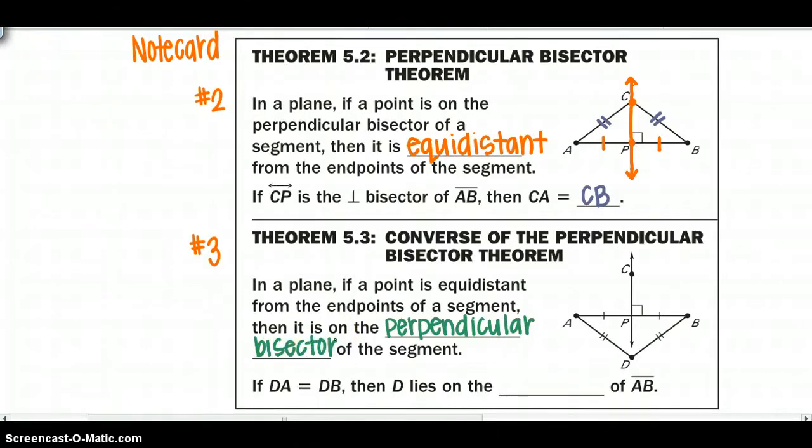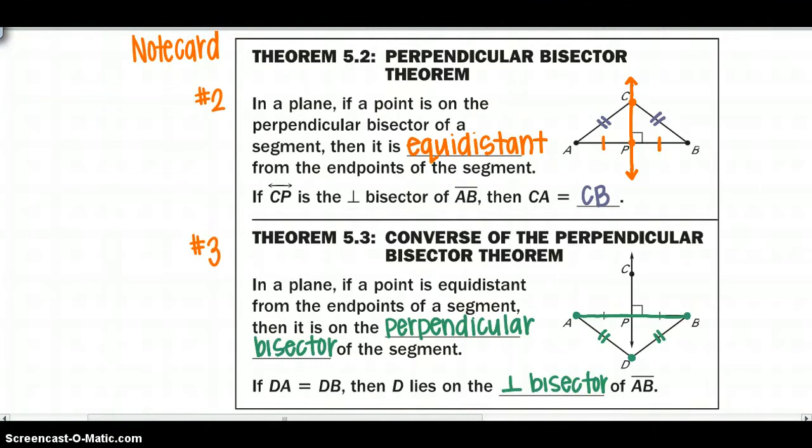So if a point is equidistant, since DA equals DB, notice that D is equidistant to the segment, then point D lies on the perpendicular bisector of AB.